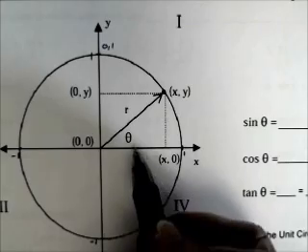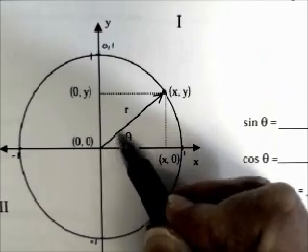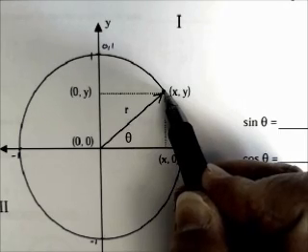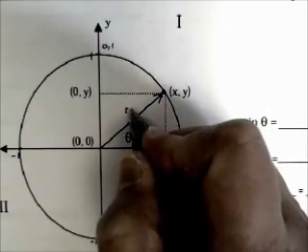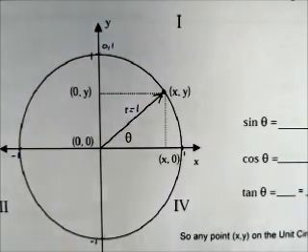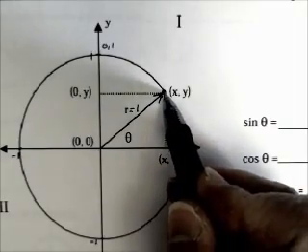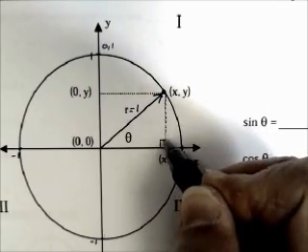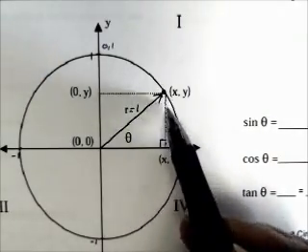Now, what we have here is this angle theta, and we have a radius drawn from the origin to a point on the circle. So what is the length of this radius? Well, it's a radius of 1. So r equals 1 here. Now this point x, y, what are the coordinates? What we're going to do is from the point x, y, drop a perpendicular, and we just focus on this as being a right triangle.